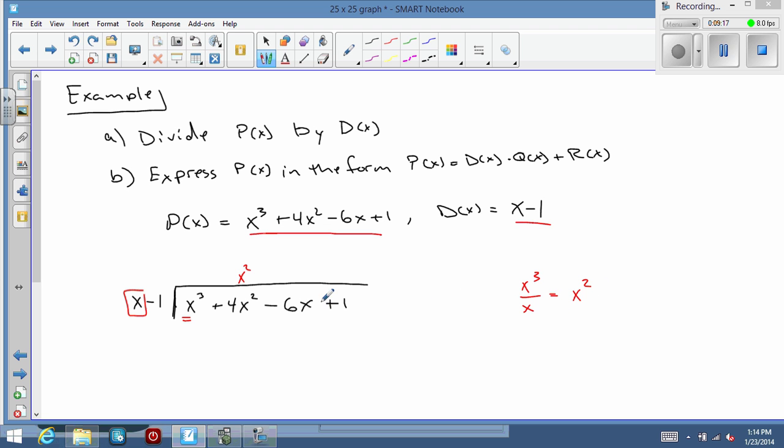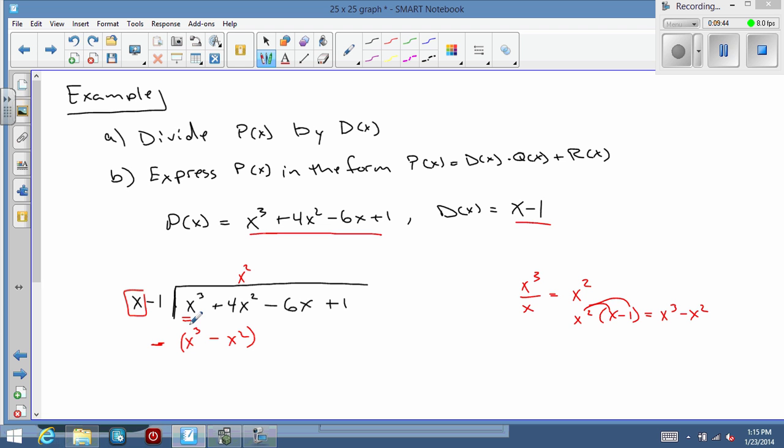And then we're going to multiply that by the divisor out here in the front. So x squared times x minus 1 is going to be distributed here. We get x cubed minus x squared. That is going to get written down here, x cubed minus x squared. And I'm going to put that in parentheses, and we're going to subtract.